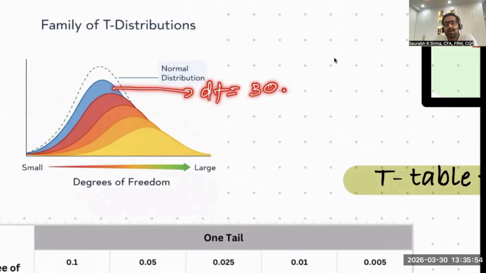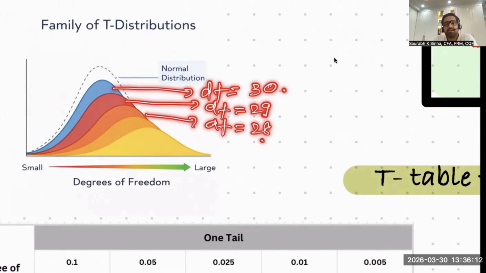It would have a fatter tail than the normal distribution and a lower peak. But if the degrees of freedom further decrease, then the distribution shape changes. If it further decreases, the shape further changes. You're going towards a much worse distribution than the previous one if the degrees of freedom decrease.